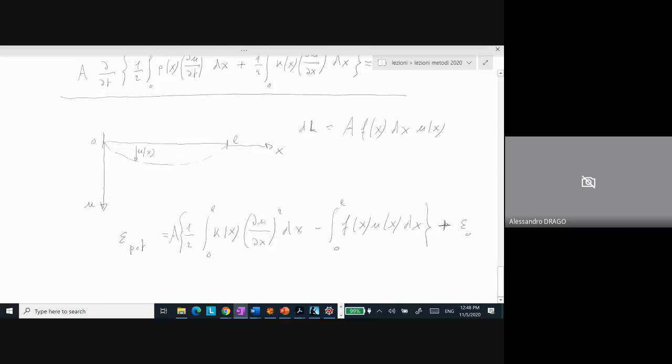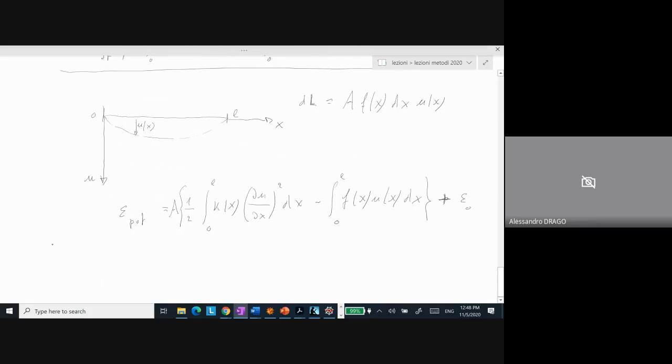So now we have just defined this sort of total potential energy, the one due to the internal forces, the one due to the external force, that in this case can be gravity. So what we are going to demonstrate now is that if u satisfies the differential equation, the original differential equation, then this potential energy, that of course depends on u, generally you write this in field theory as a potential depending on u and also on du over dx, obviously.